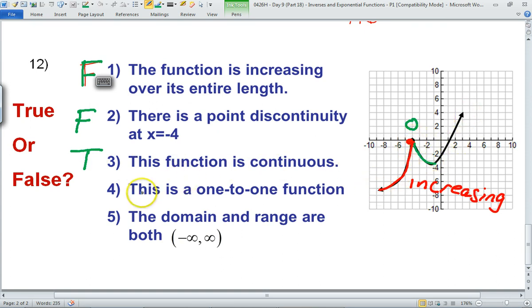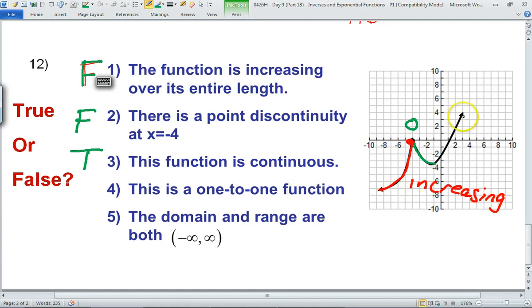Is this a one-to-one function? How do you tell looking at a picture if it's a one-to-one function? It has to pass both the vertical line test and what? The horizontal line test.